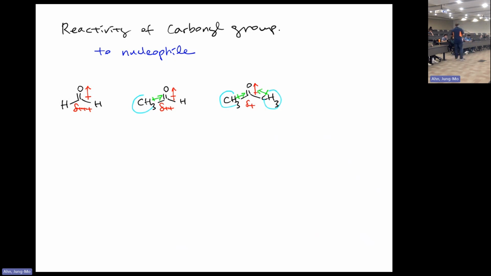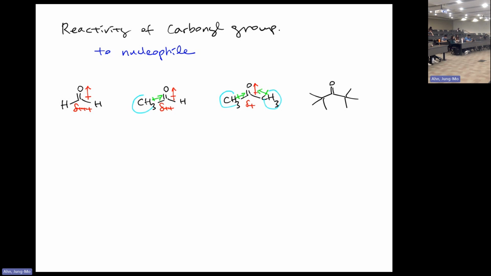So the steric hindrance is higher with the ketones, and then of course with the aldehyde, you've got much more open space here, but for formaldehyde, you've got no steric hindrance at all. So those are 2 factors basically determining the reactivity toward nucleophiles. Formaldehyde is the most reactive, then the aldehyde, then ketones.